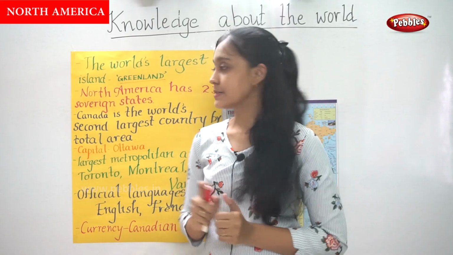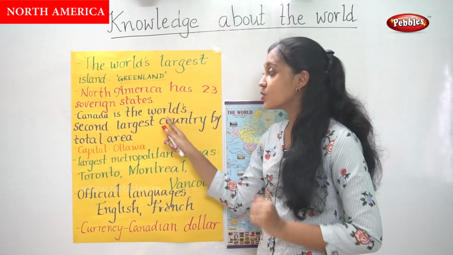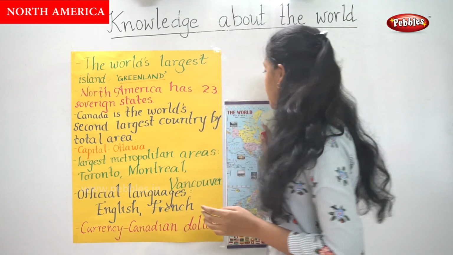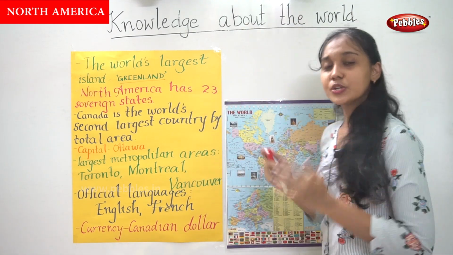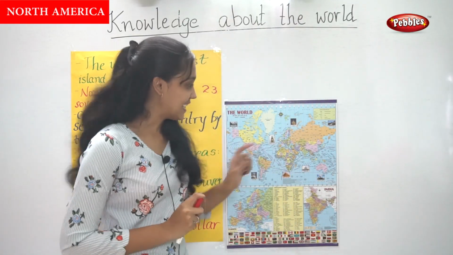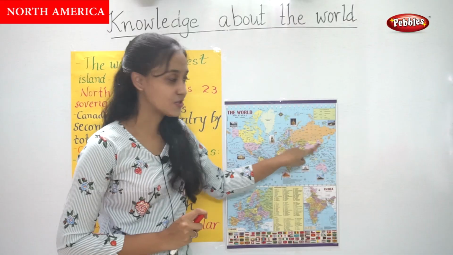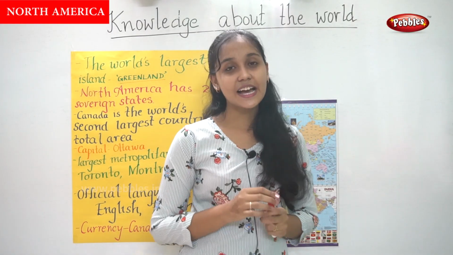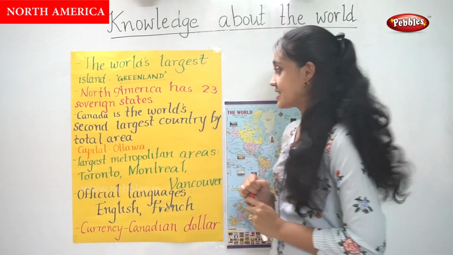So it differs. So here Canada is the world's second largest country when it comes to the total area. So which would be the first? Can you look at the map and guess? Yes, it is Russia. So Russia would be the largest country by area. Canada is the second largest.